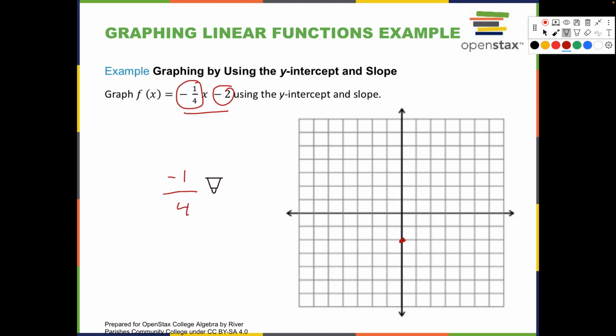This is the hardest part, though, so remember the top is up and down, the bottom is left and right. If you get that backwards, you'll end up in a different place. So we'll go down 1 and then run 4. 1, 2, 3, 4. So we got our second point, -1, +4, and then we've got 2 points.